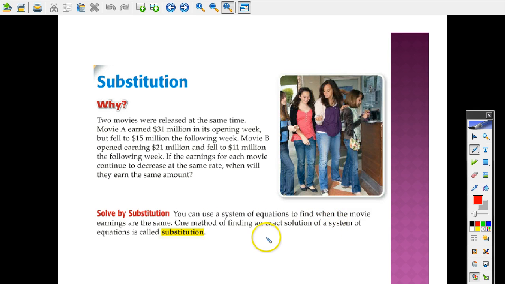One method of finding an exact solution of a system of equations is called substitution. In the previous section, we learned how to solve by graphing. This means if you had a graph of two equations, both falling, decreasing, the point where they meet is what we're looking for.